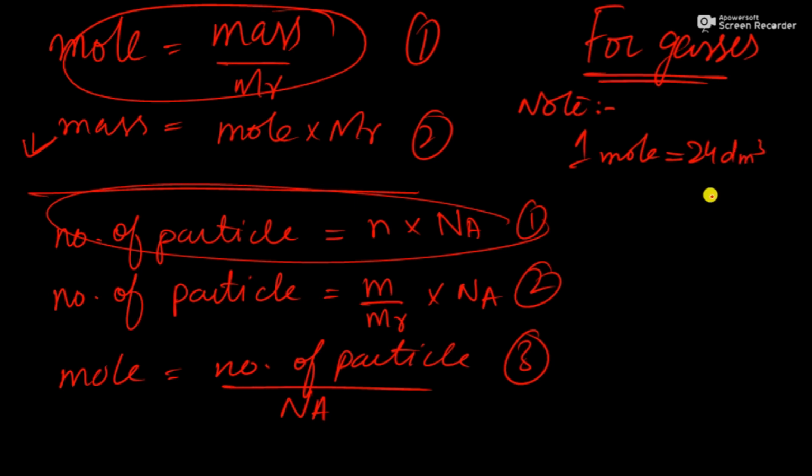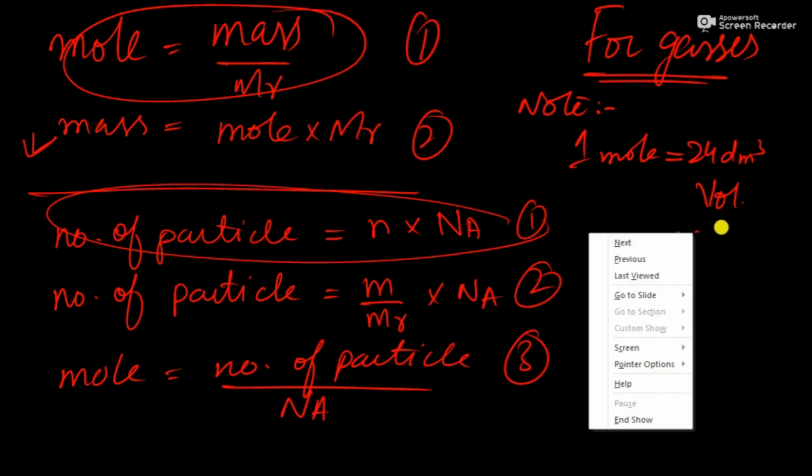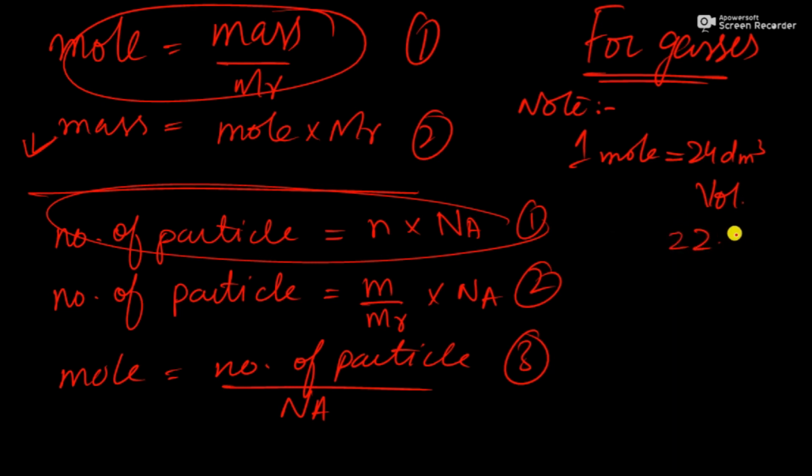It is just a rough value. You can write it as 22.4 decimeter cube, you will find it somewhere like this. So if in your exams it is 22.4, that is accurate. And the 24 is rough, just remember.